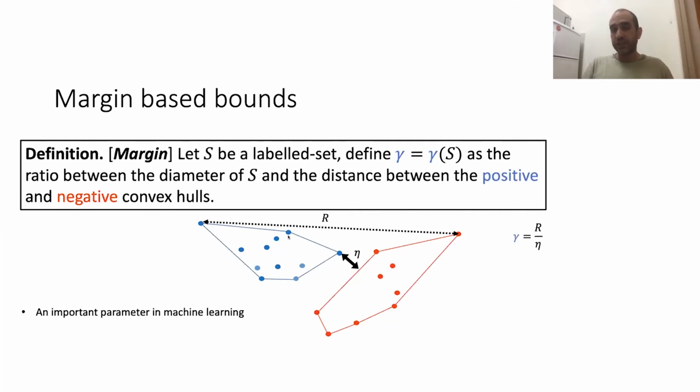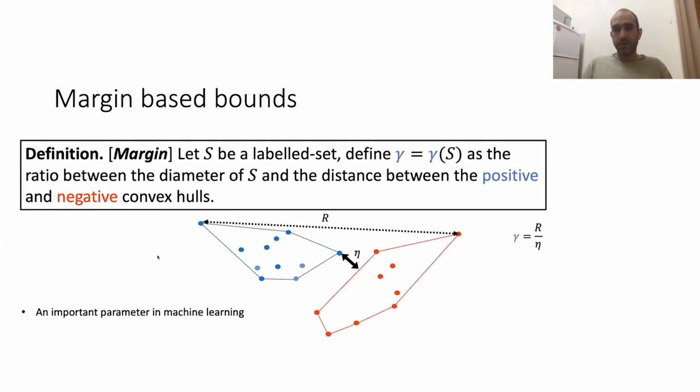The formal definition is that whenever you're given such a labeled point set, labeled by a hyperplane, the margin of this labeled point set is the ratio between the diameter of the point set and the distance between the positive and negative convex hulls. So if the margin is large, let's assume the diameter is 1, the margin is large if and only if the point sets are well separated.